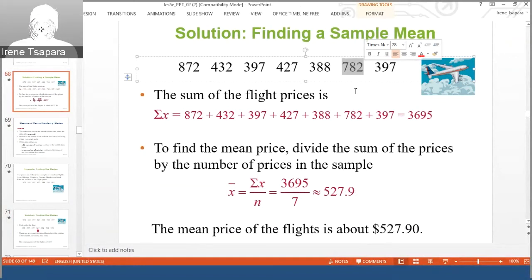Still, though, we will not trust the mean of a data set with outliers. So if I want to know the center of my data set, I will go with the median in that case. Always, not always. I'll give you an example of when I don't go with the median, although I have outliers.